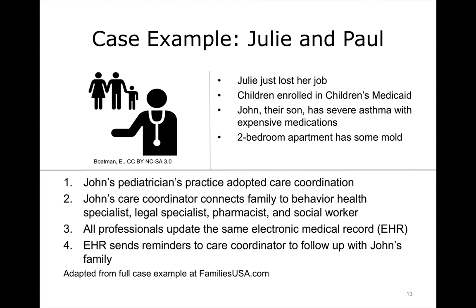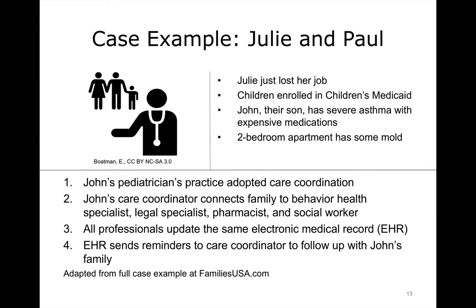The primary care practice that John visits for medical care has adopted comprehensive care coordination. During one of his visits, a care coordinator sits down with John, Julia, and Paul and assesses all of John's health needs to determine if there are any other services that could help John stay healthy and out of the emergency room. The care coordinator, with John and his parents, reveals the significant psychological, social, and economic factors that might be aggravating John's condition.